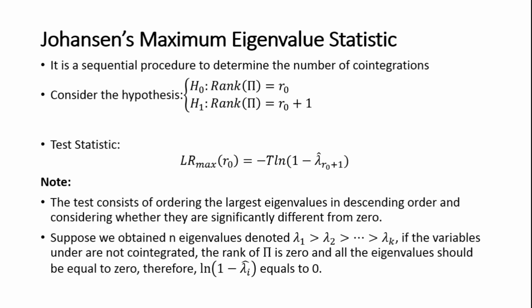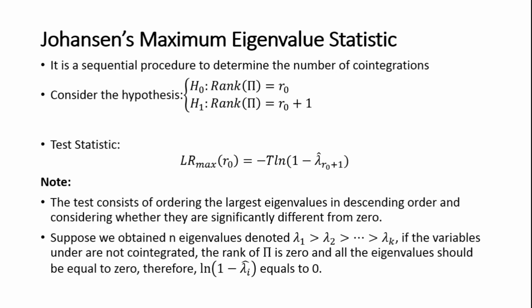So we can note that the test consists of ordering the largest eigenvalues in descending order and considering whether they are significantly different from 0. Suppose we obtain an eigenvalue noted lambda 1 to lambda k.